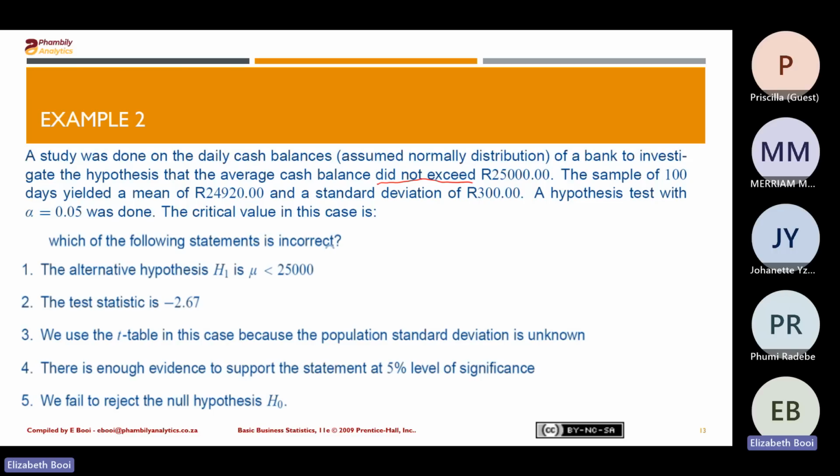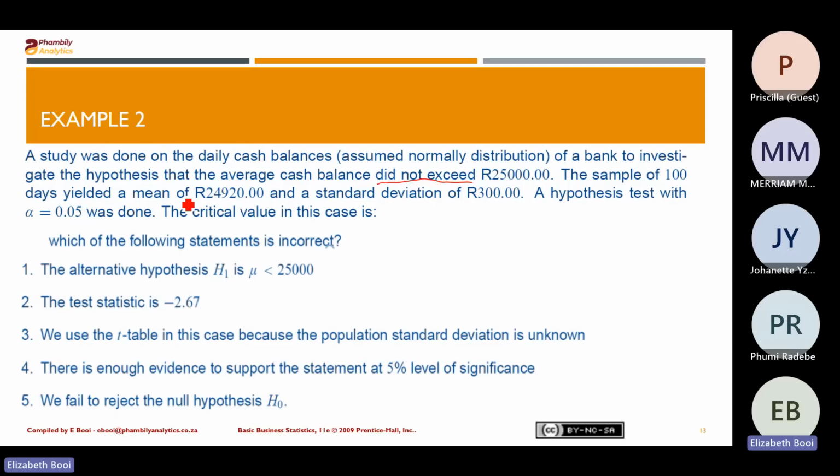Assume that it's normally distributed. The sample of 100 days yielded a mean of 24,920 and the standard deviation of 300. A hypothesis test with alpha of 0.05 was done.